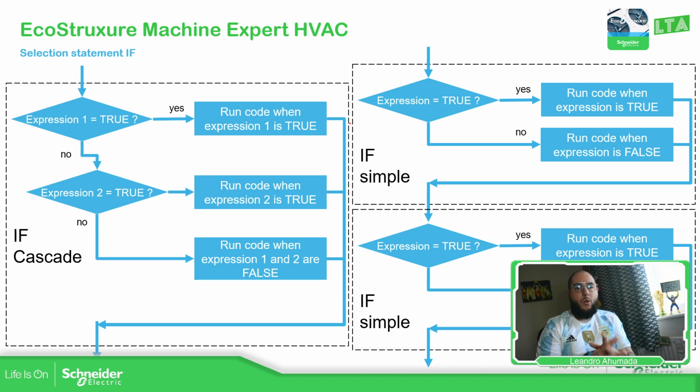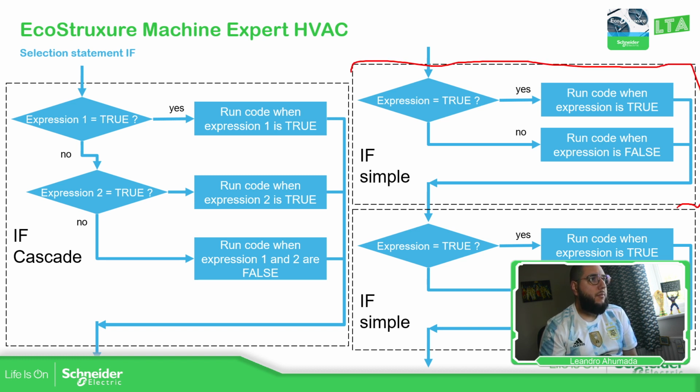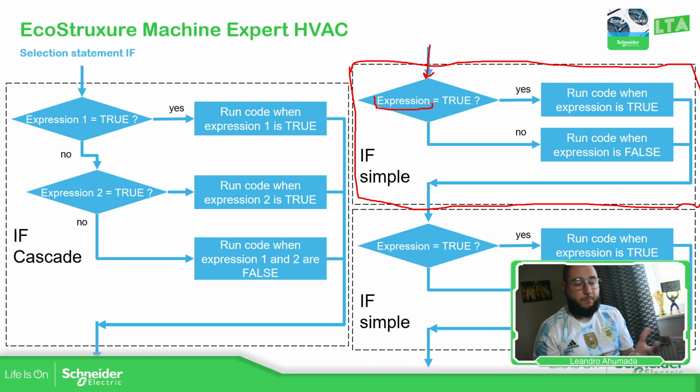I tried to put this in a box to easily show you what happens. Imagine that this is just one if. As soon as the syntax is executed, the if tries to check if the expression of the variable that we have used is true.